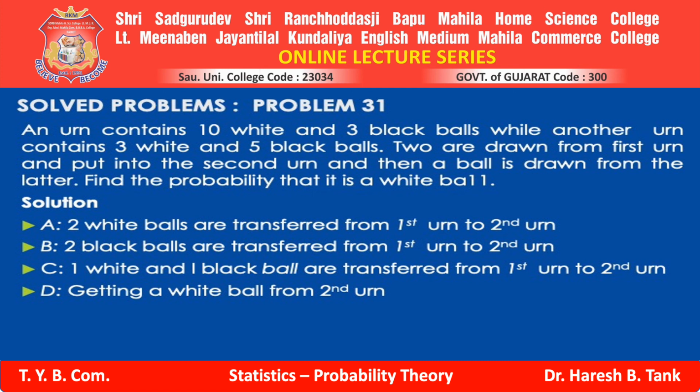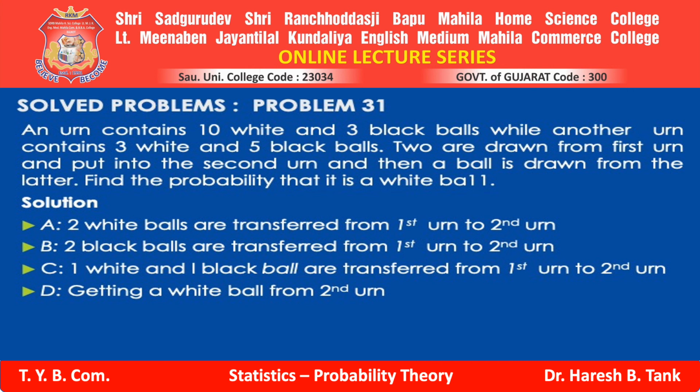Then a ball is drawn from the second urn. Find the probability that it is a white ball. Naturally, this may have different options. Just think of it as it is happening in front of you. That will give you all possible combinations.